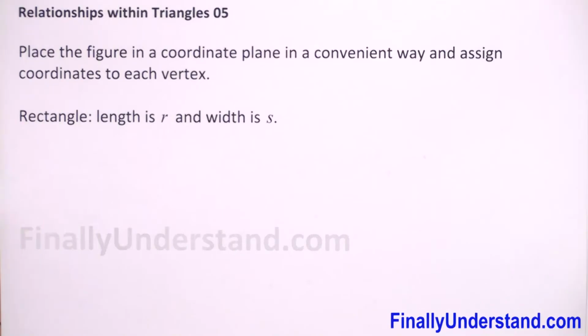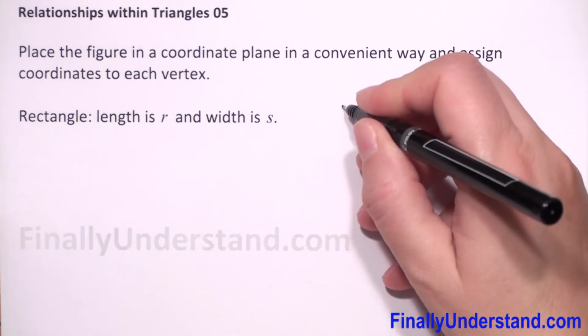We have to place the figure in the coordinate plane in a convenient way and assign coordinates to each vertex. In this example, we have a rectangle, length is r and width is s. So let's draw the xy plane.